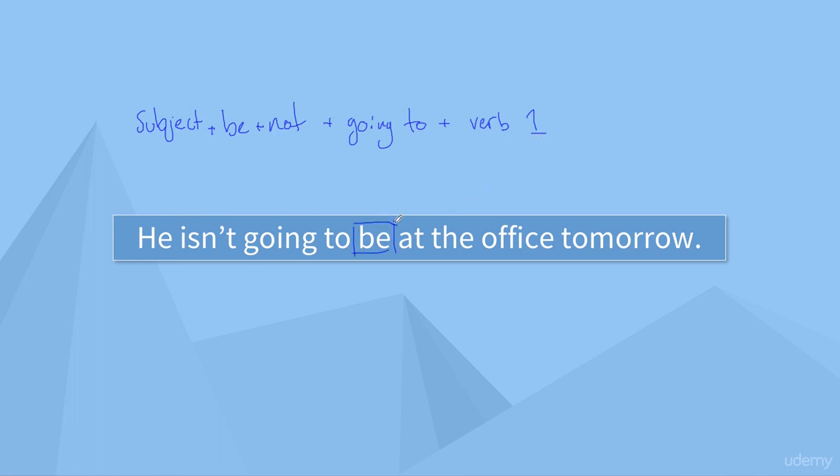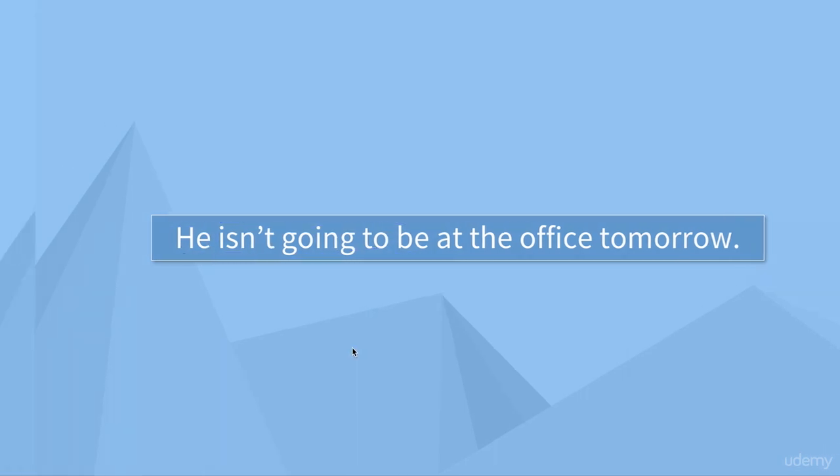So the verb here is be. Going to is obvious. And be not is together in a contraction, isn't. And of course the subject is he. He isn't going to be at the office tomorrow.